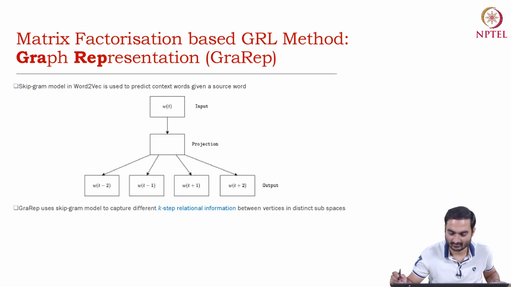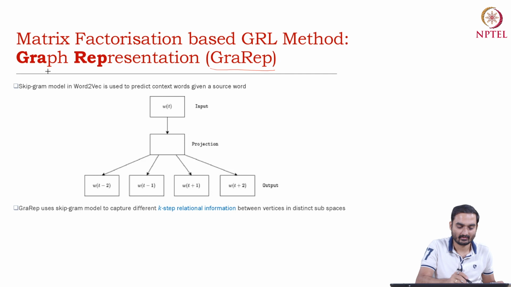Now let us look at another matrix factorization based approach, which is GraRep. This is a graph representation learning technique, and here the idea is that it basically uses the Word2Vec and the skipgram approach that is there in natural language.